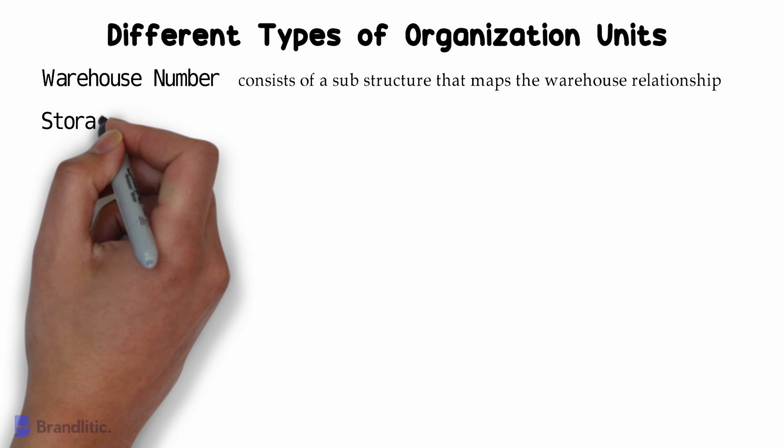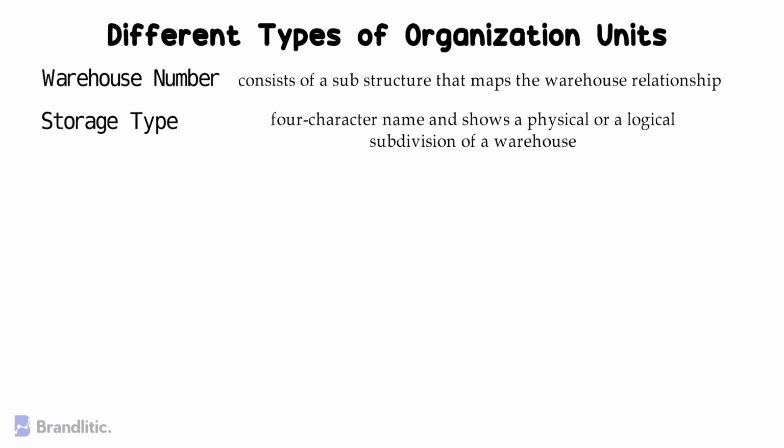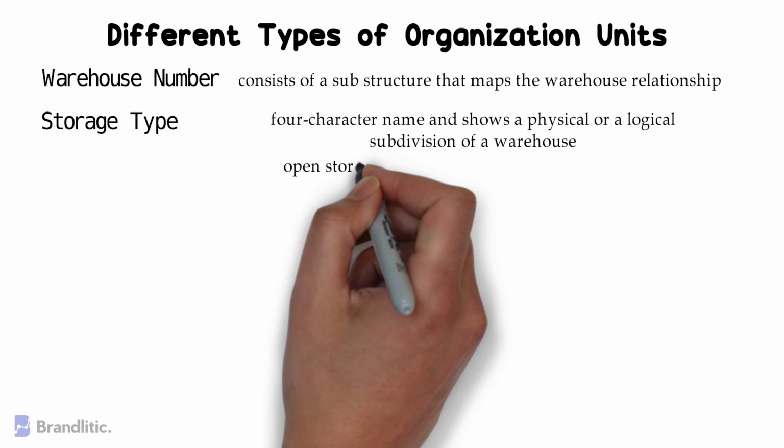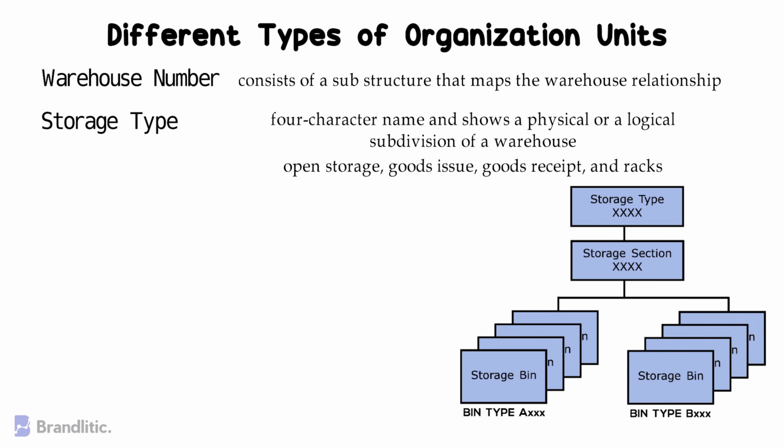Next, storage type. A storage type is a 4-character name and shows a physical or a logical subdivision of a warehouse. There are different types of storage where products are physically stored in a warehouse, such as open storage, goods issue, goods receipt, and racks. Also, we must note that storage type can consist of one or more storage sections and bins.